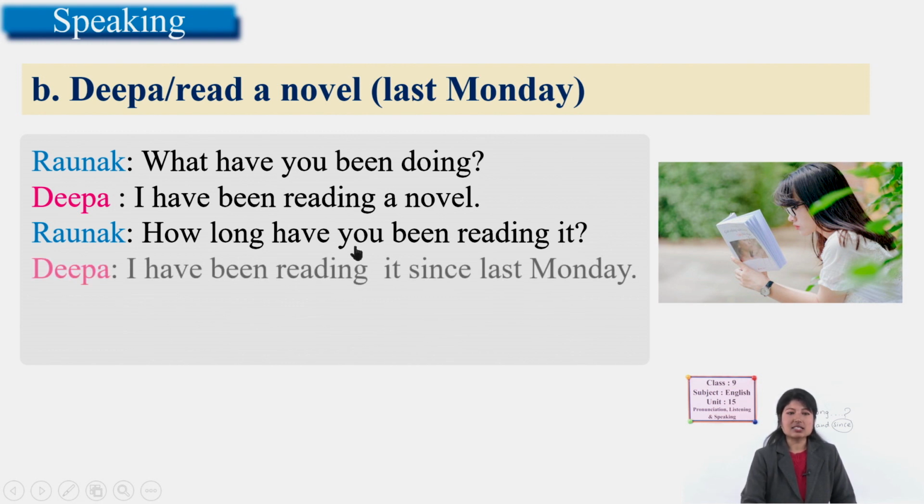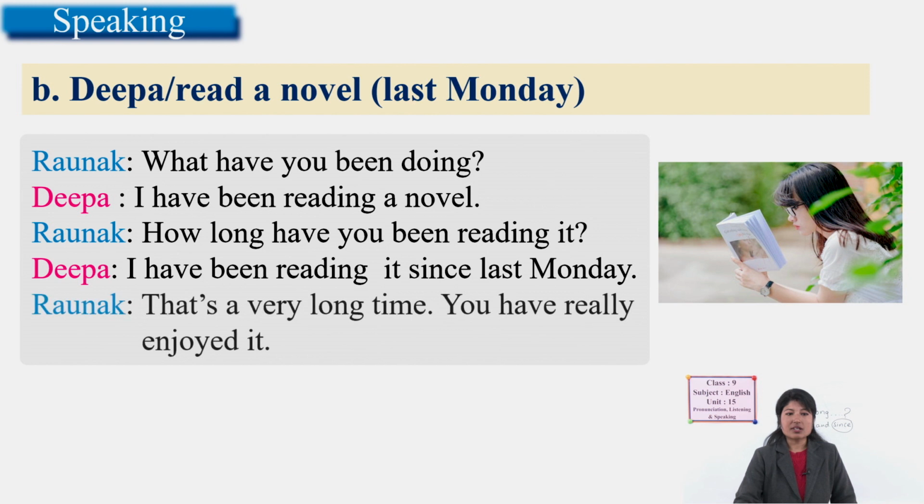And the answer is, I have been reading it since last Monday. Raunak, that's a very long time. You have really enjoyed it. She has been reading for a long time, she must have enjoyed it. Last Monday is the clue given here, and here it is since last Monday.